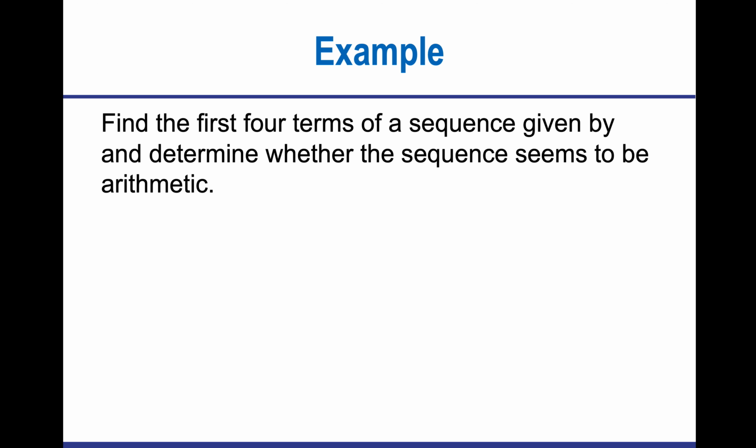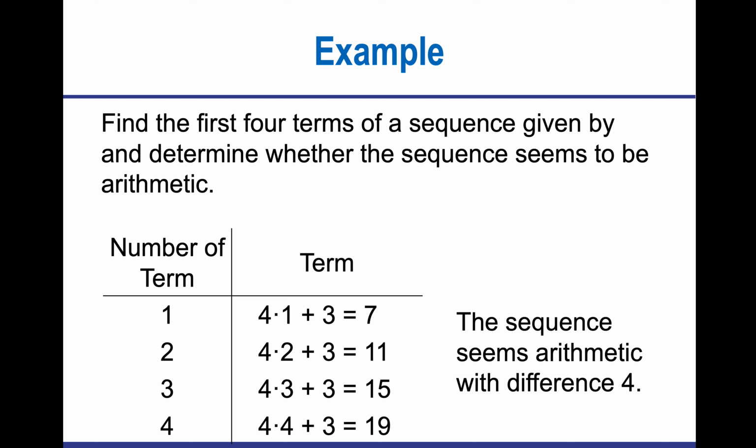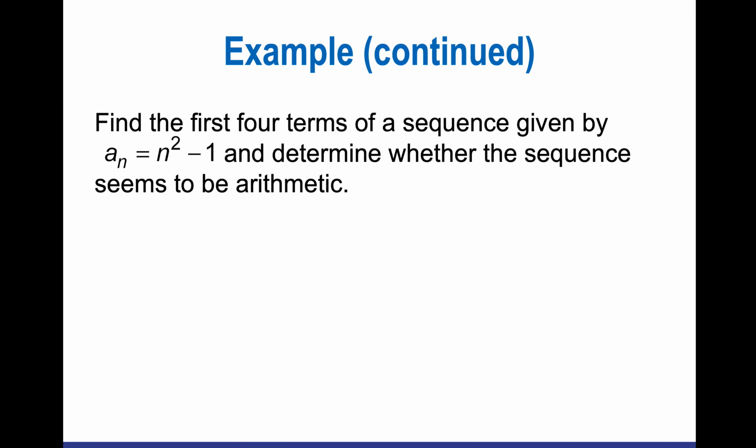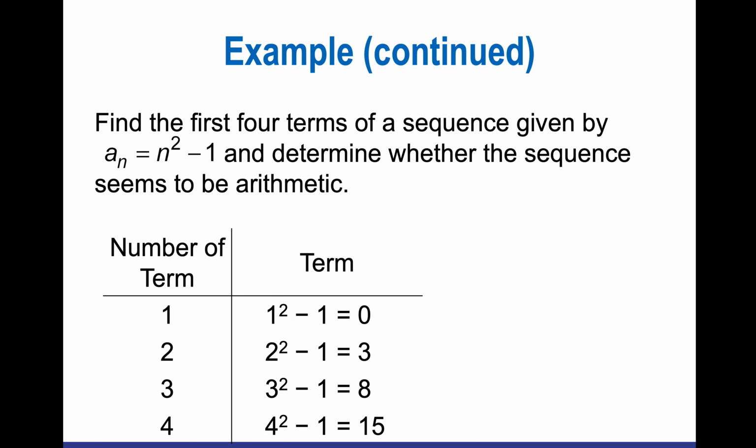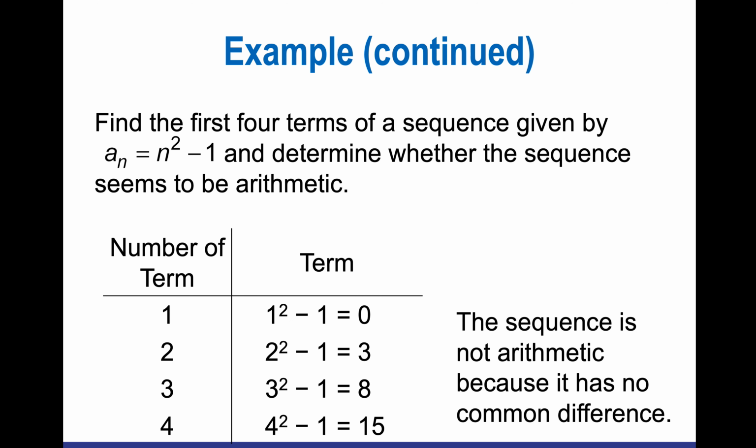Now, what if I give you the first 4 terms of a sequence that seems to be arithmetic? Well, if I have 7, 11, 15, and 19, the sequence seems arithmetic with a difference of 4. So to find the first 4 terms of a sequence given by this and determine whether it seems to be arithmetic, I would plug in my term numbers, which always starts with 1.